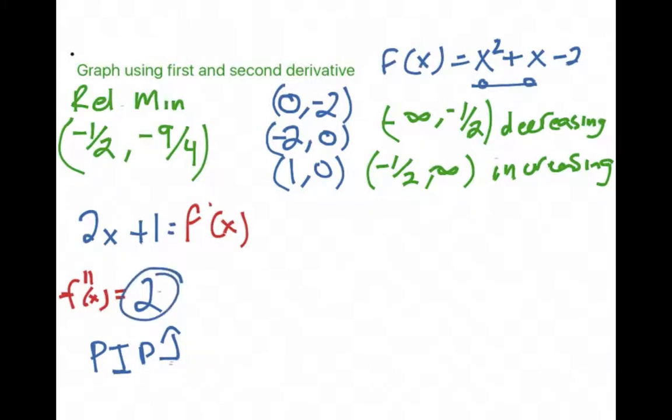What we know from definitions is that when f double prime of x is greater than 0, the function is concave up.